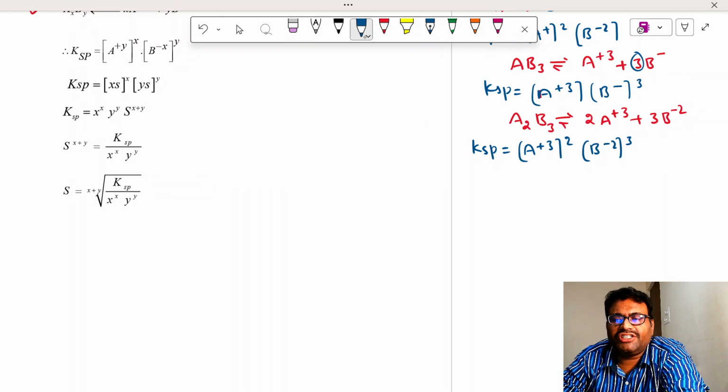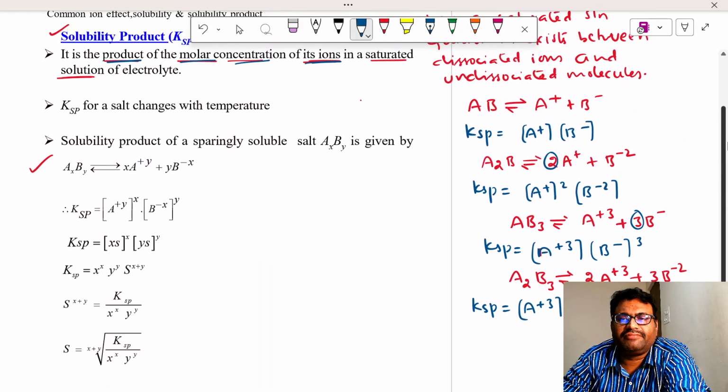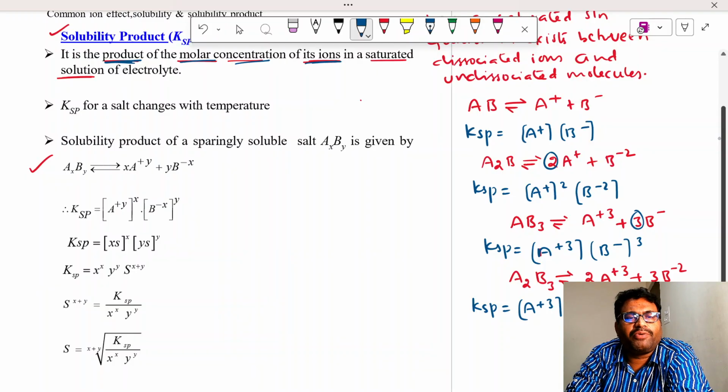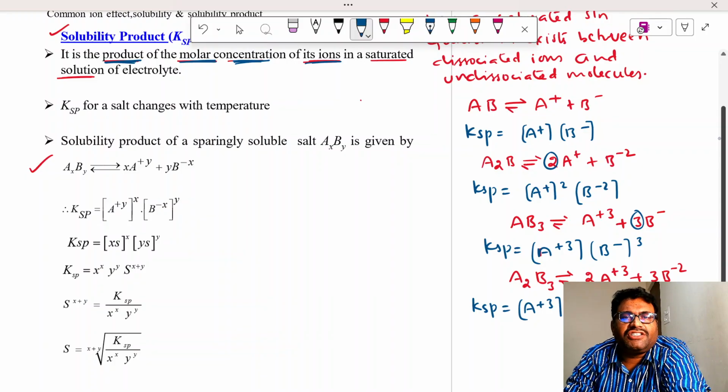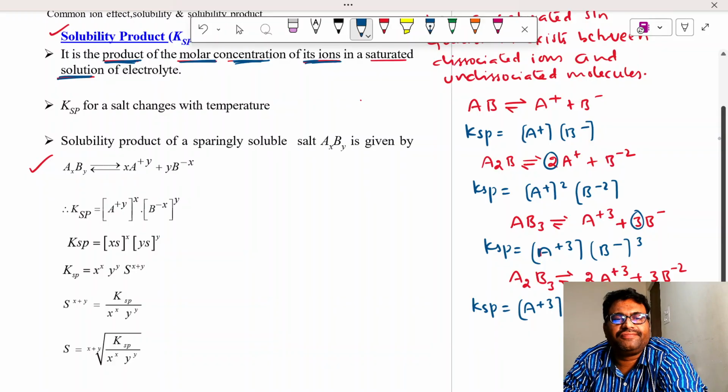Understood? So this is how we write KSP. In all these, what did we write? The product of molar concentration, concentration expressed in moles per liter, molarity, of its ions in a saturated solution. This is all for a saturated solution.